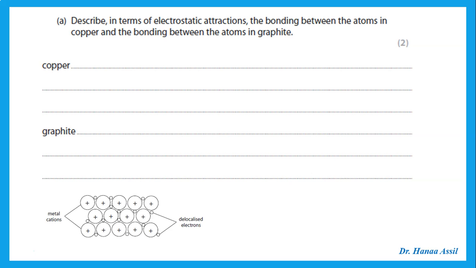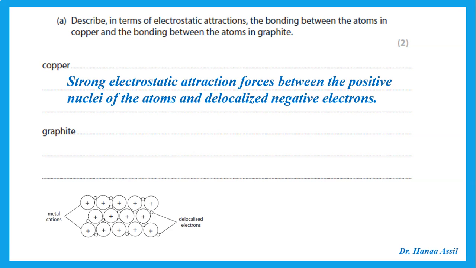We said in copper we have layers of positive ions because the outermost electrons are floating around, so the atoms are in the form of positive ions. So the attraction forces that we have in copper or in any metal are strong electrostatic attraction forces between the positive ions or the positive nucleus of the atoms and the delocalized negative electrons that are floating around. So that is the interaction that is holding them together.